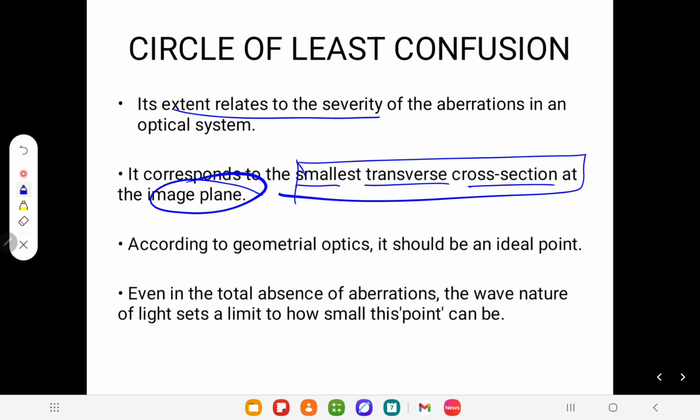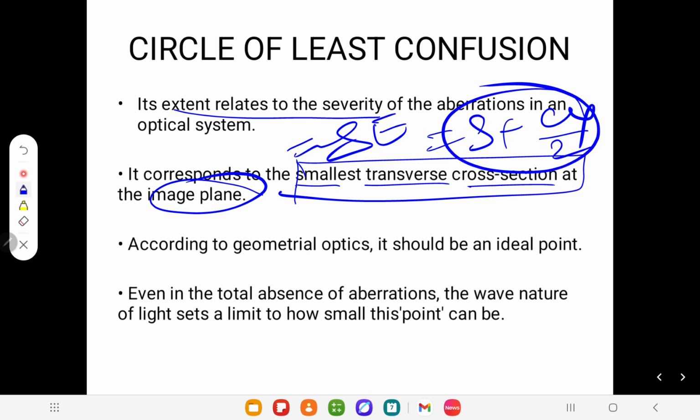That's why we always want to put our circle of least confusion at the retina. That's why we have the term spherical equivalent, sphere plus cylinder divided by 2, because it is the position of the circle of least confusion, and the circle of least confusion is the smallest transverse cross section at the image plane.